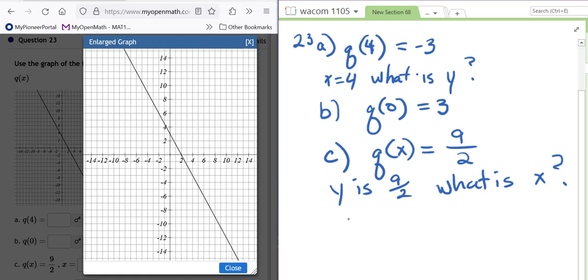So 4.5, we're going to use that. Okay, so the y is at 4.5. All right, so when y is 4.5, so right about here, what is the x value?